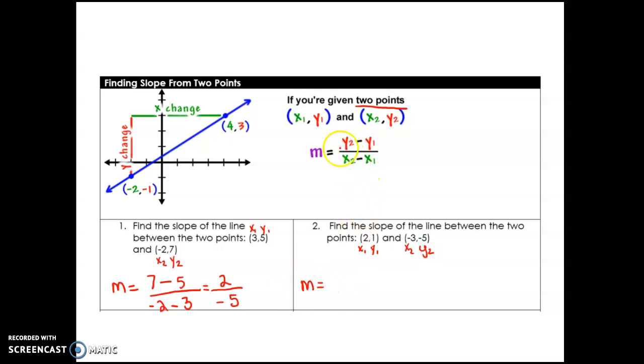M equals y2, oh, that's 5 minus y1, that's 1, over x2, negative 3, minus x1, 2. So I'm going to evaluate both the numerator and the denominator. So 5 minus 1 is 4. Negative 3 minus 2 is negative 5.